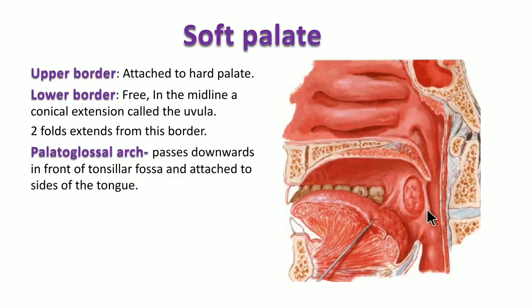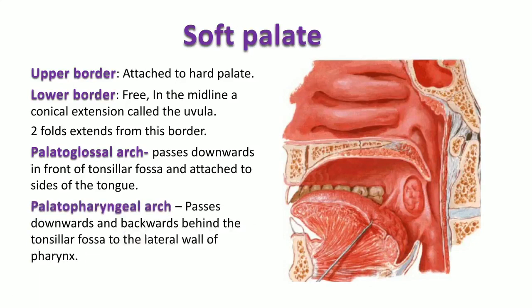So from the lower border, two folds extend: one is the palatoglossal arch and the other is the palatopharyngeal arch. They are mucous folds, and deep to these folds you have the muscles of the same name, Palatoglossus and the Palatopharyngeus muscle. Okay.